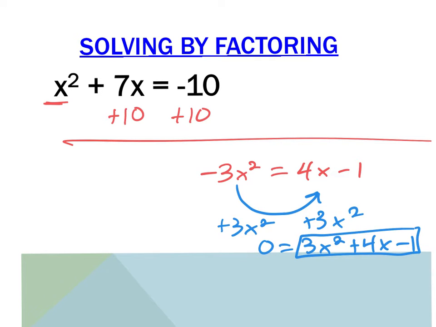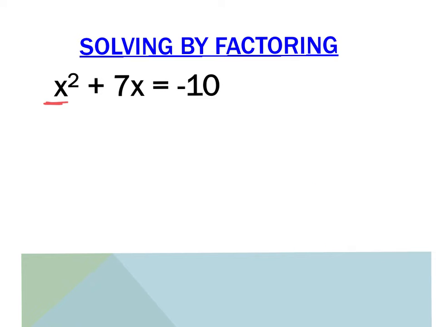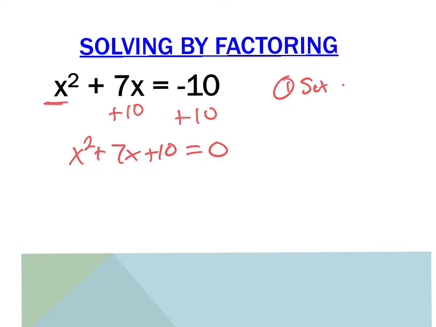It's okay to have 0 on the left-hand side versus the right-hand side, but it's always good to have a positive x squared term when you're doing that. So now when you're adding 10 to both sides here, on the left-hand side, we get x squared plus 7x plus 10 equals 0. So the very first step is set equal to 0 if you can.